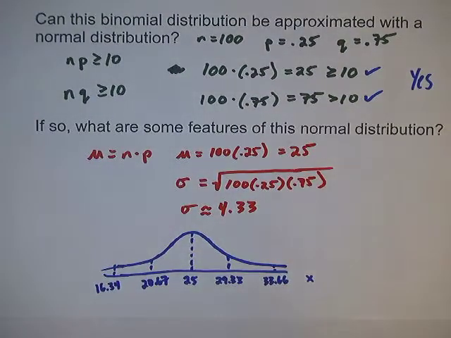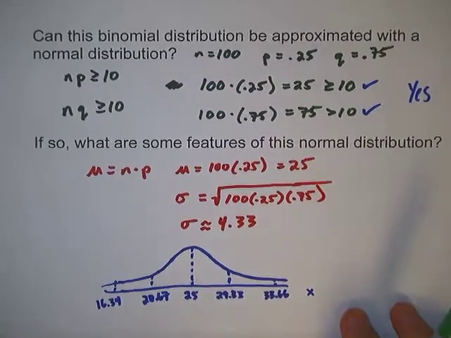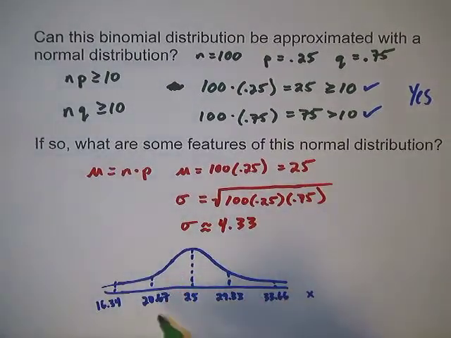Now, a couple of things this helps us determine about people paying their credit card bill. According to the 68-95-99.7 rule, 68% of the time that we sample 100 people, we're going to get between 20.67 and 29.33 people that pay their credit card bill in full each month.